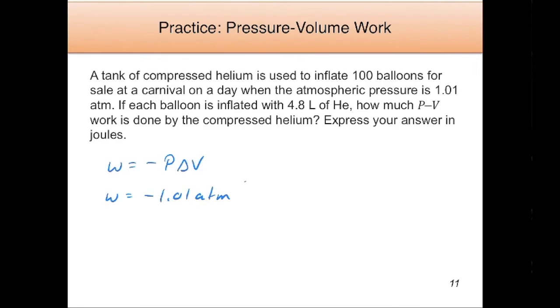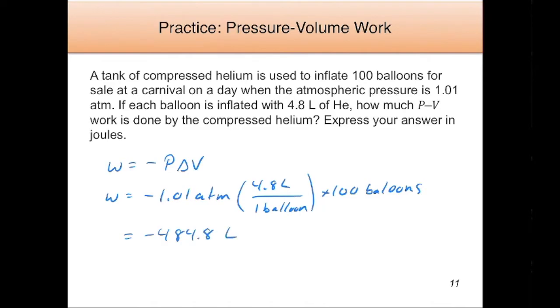So we're going to have to multiply this by 4.8 liters for one balloon, but then since we have 100 balloons, we're going to have to multiply that by 100 balloons. So this equals minus 484.8 liter atmospheres. But we want to have this in joules.